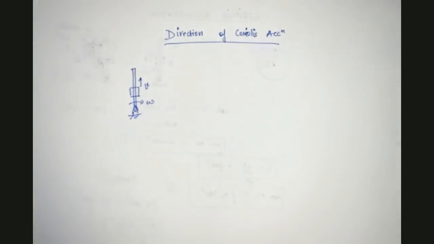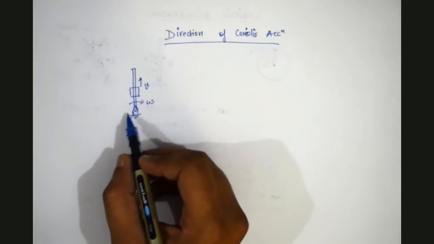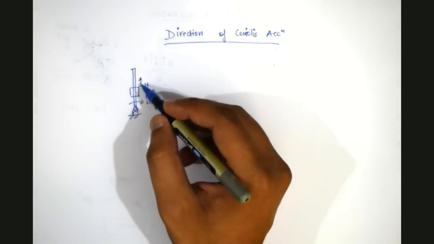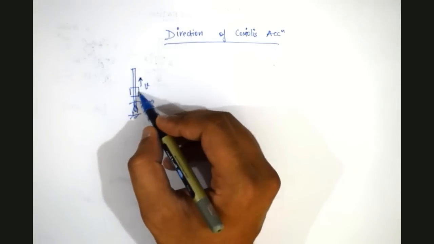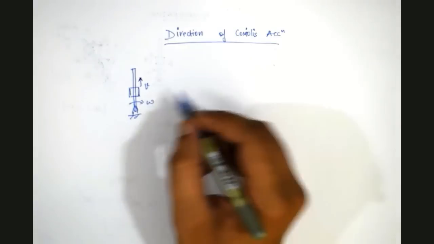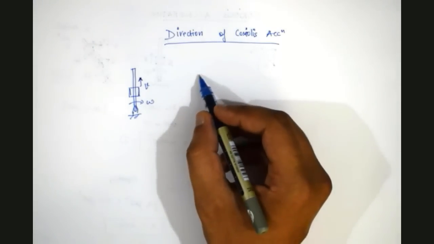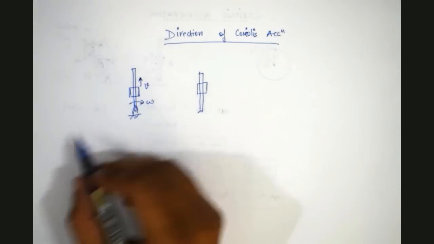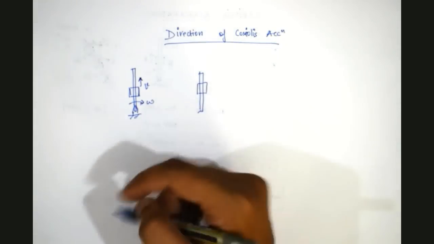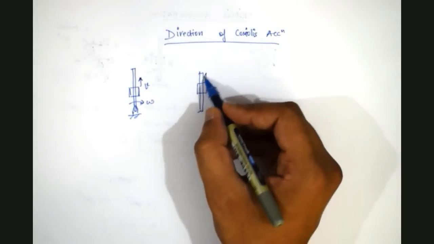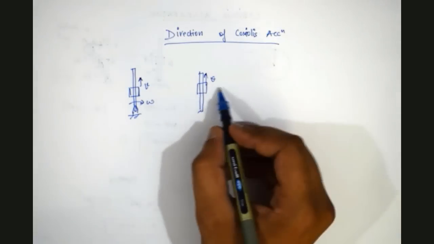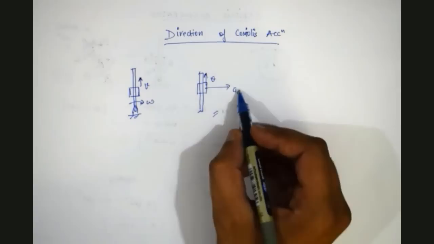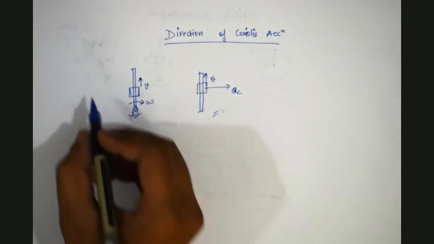The direction of the Coriolis acceleration we will take in the direction of rotation of the rod. Suppose the slider is moving in this direction with velocity v. We will take the acceleration component in the direction of omega, perpendicular to velocity v. This is v and this is moving in this direction. So for this condition Coriolis acceleration is in this direction.